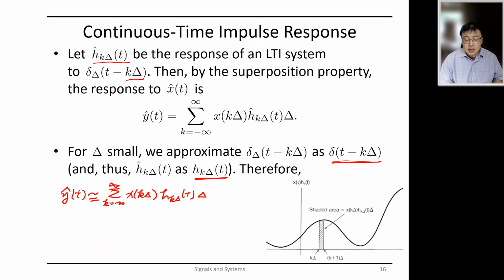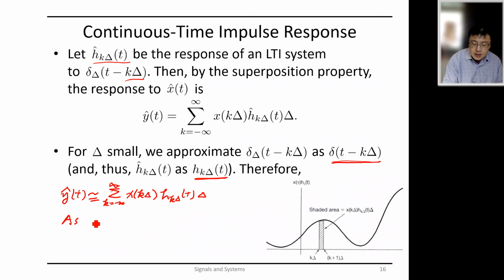Then as delta goes to 0, this summation, which you can view as a Riemann sum, converges to the Riemann integral.